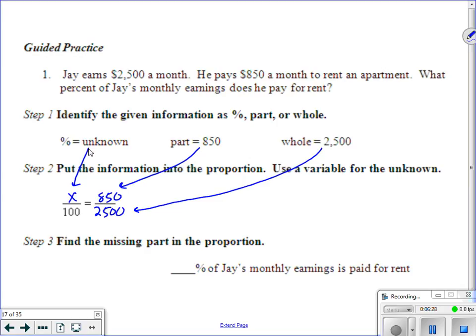Now the next thing that we do is we go ahead and solve this. So 100 times 850, well, that's going to be 85,000. Okay? So we're going to have 85,000 equals the X times 2,500 is 2,500X. Now all I have to do is divide by the 2,500.